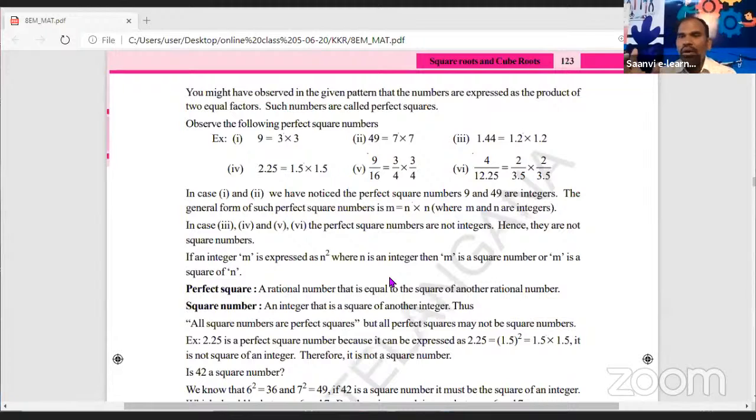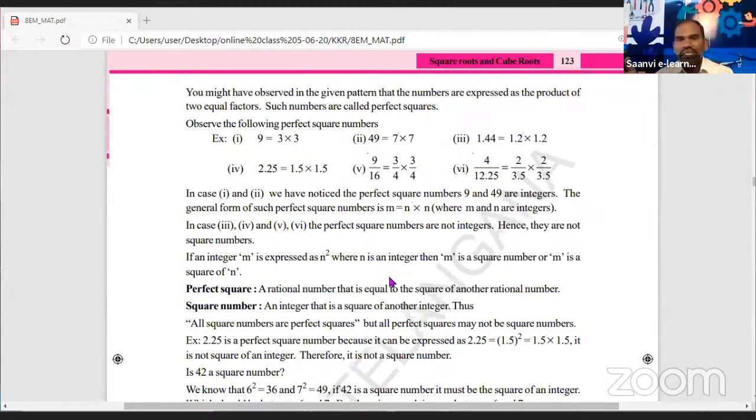9 is a perfect square number. Perfect square number means we should take two equal, same factors. Multiplication of two same factors is what we get, that is the perfect square number. So 9 is there, 3 into 3, same numbers, equal to 9.